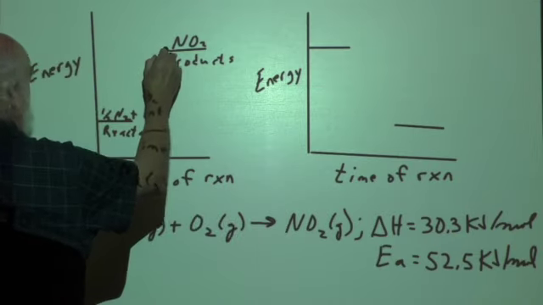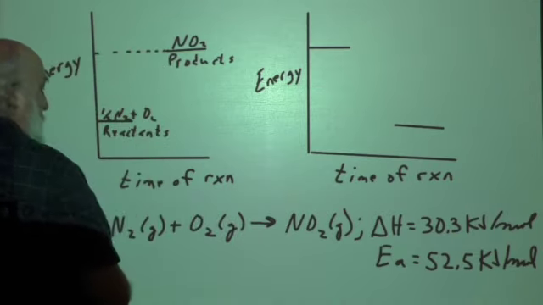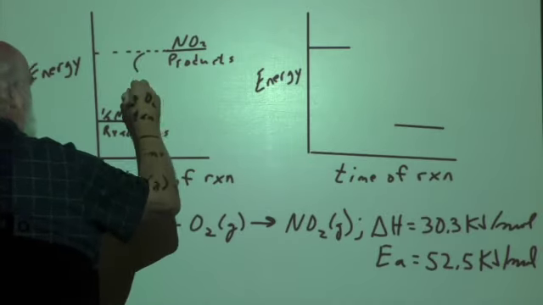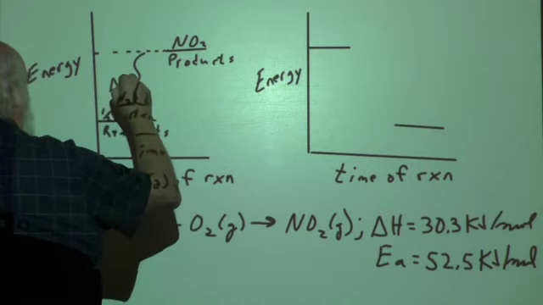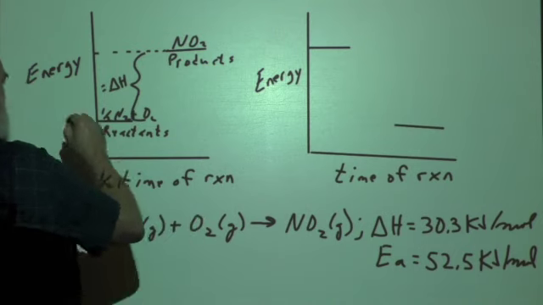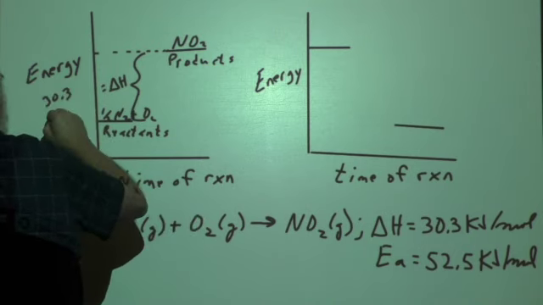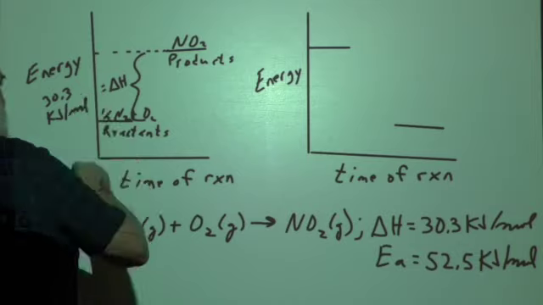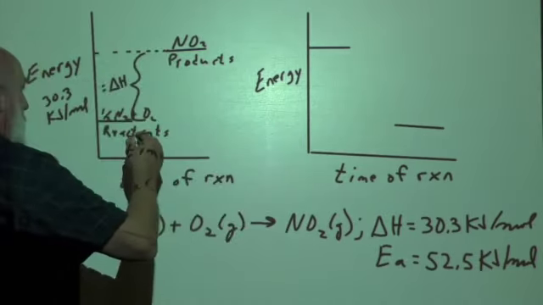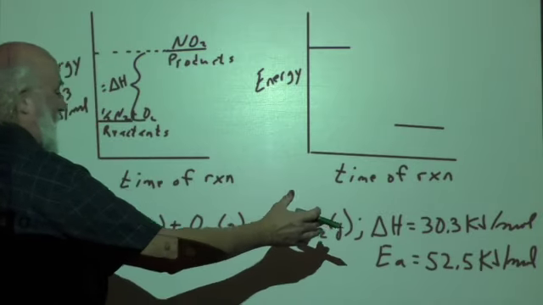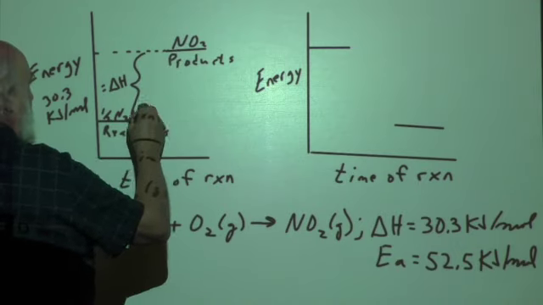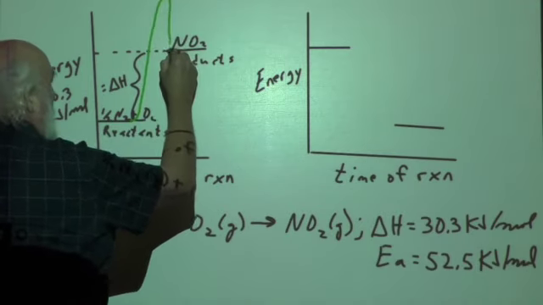Well, let's identify delta H right here. That's the difference between these two, and since it's going up, that's positive. So that right there is your delta H. And that delta H, we said, is equal to 30.3 kilojoules per mole. Okay? Now I'm going to use green to show this going up, and it's going to go up about 2/3 of the way past this, so that means go way up here and then come down.